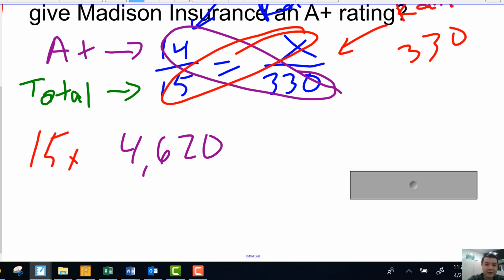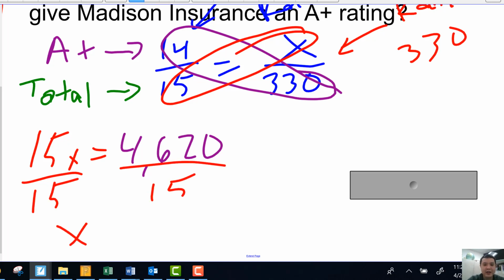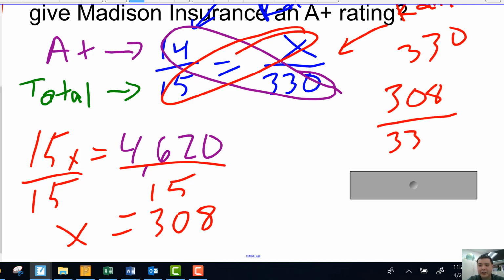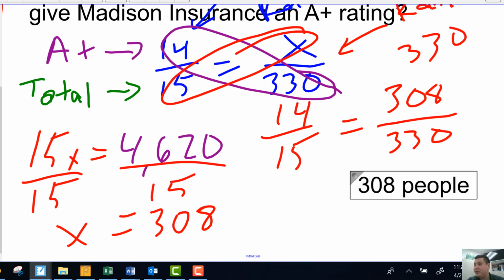To solve, we divide by 15. We get x equals 308. So we would say that 308 is to 330 is the same thing as 14 is to 15. So 330 people, this is a word problem, so include units. Out of 330 people, 308 would give it an A+ rating.